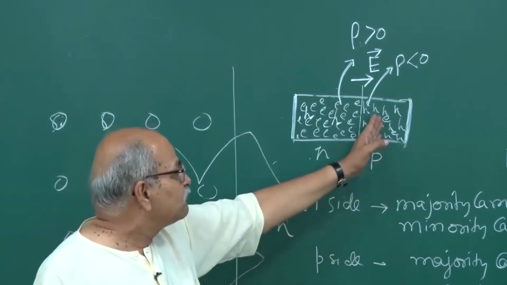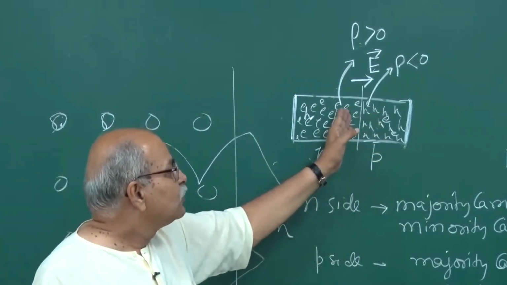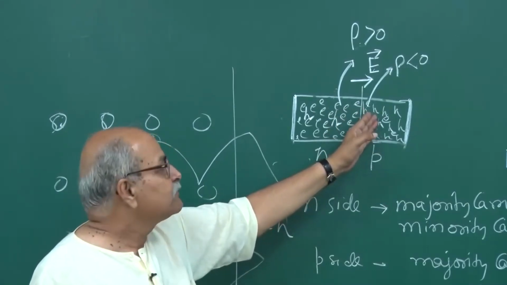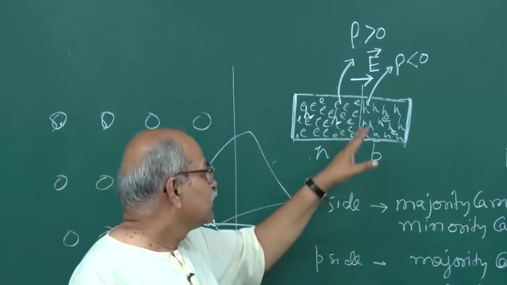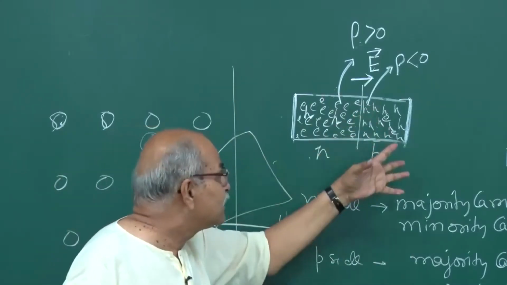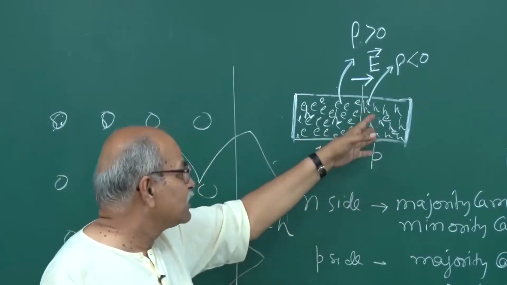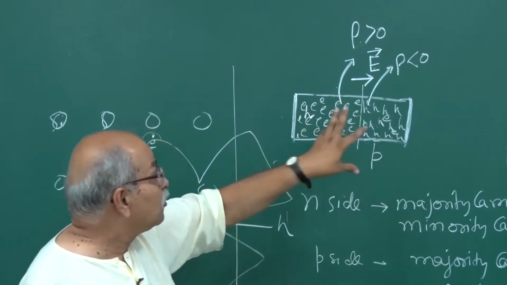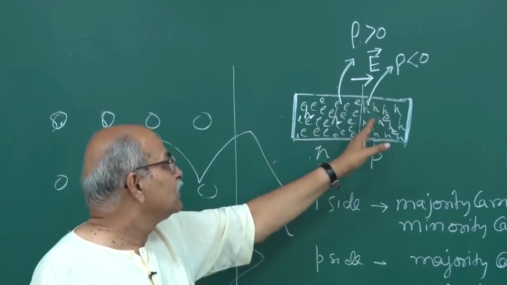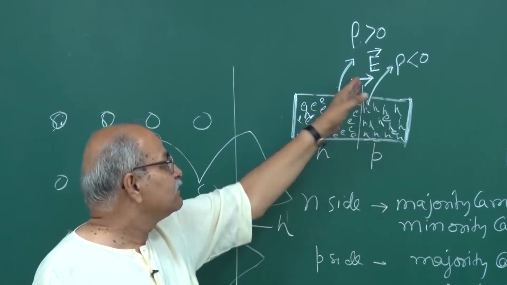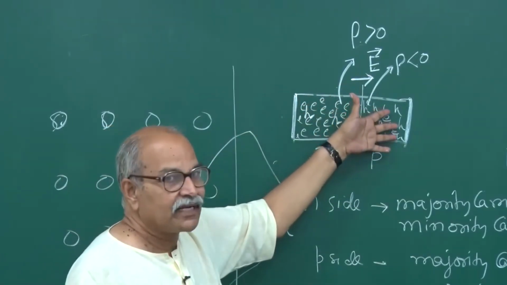Similarly, holes coming from right to left, holes behave like positive charges of certain mass, and therefore we can still talk of force on the hole, but that force on the hole is in the direction of the electric field, that is towards right.